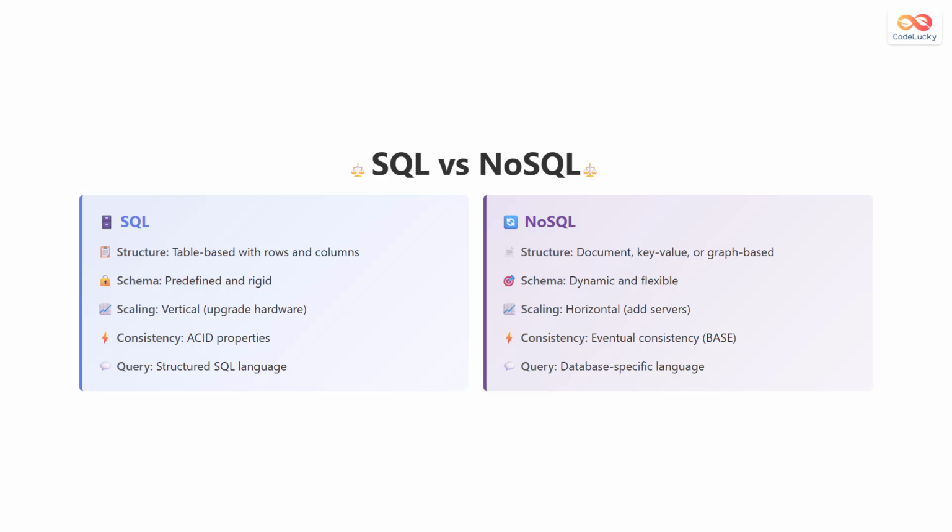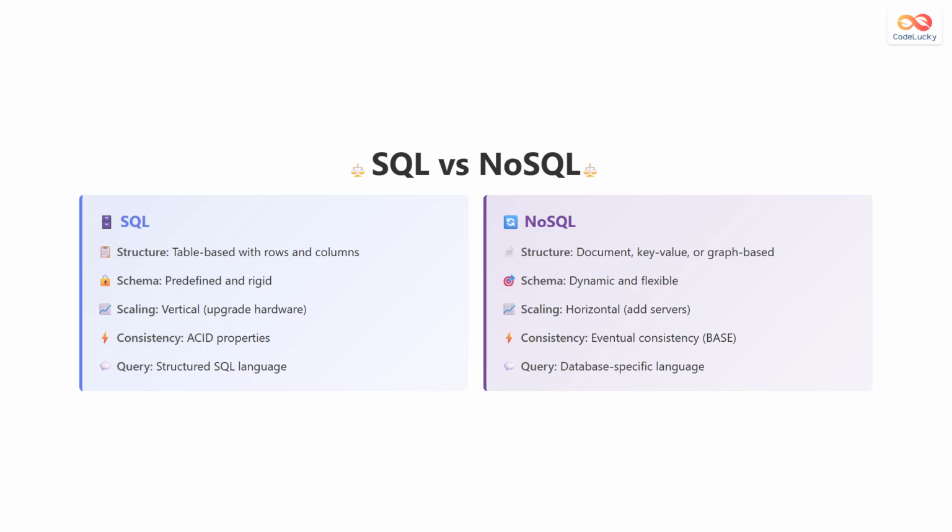When it comes to scaling, SQL scales vertically. This means upgrading your single server with more memory, processing power, or storage. NoSQL scales horizontally by adding more servers to your network. Consistency is handled differently too. SQL ensures ACID compliance, meaning your data is always consistent.